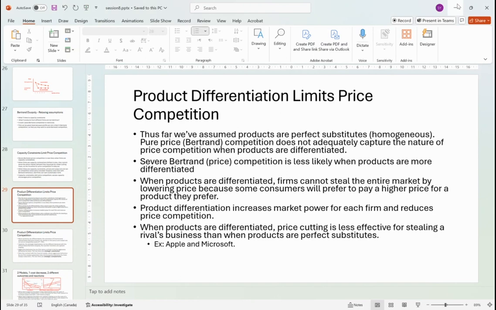And if one firm is dropping the price, it's not like the entire market share of the second firm would go to the first one, right? There are still some customers who prefer to buy from the higher price firm because the product is different from the other one, right?